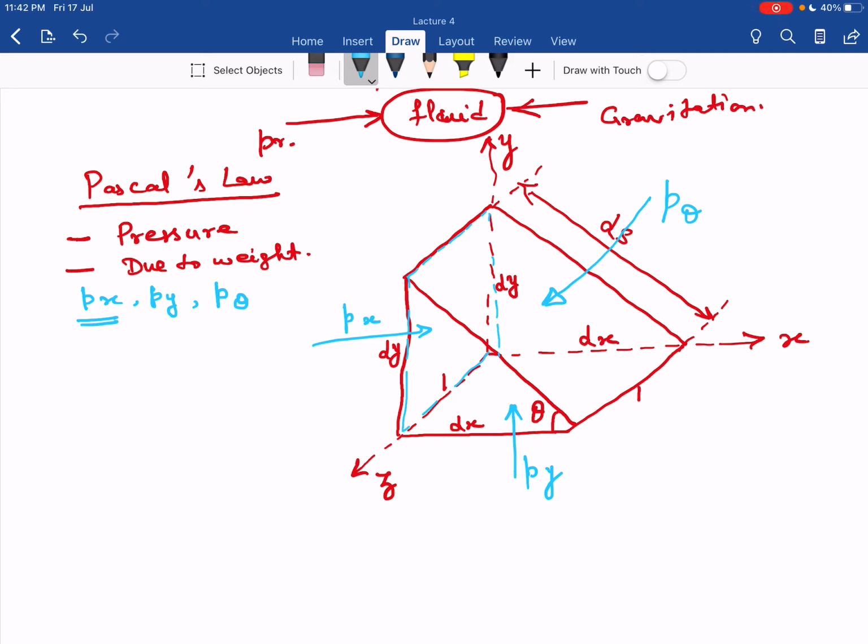So say first we write the forces along the x direction. When we write these forces, along this direction you have Px into the area of the element, which is dy into 1.